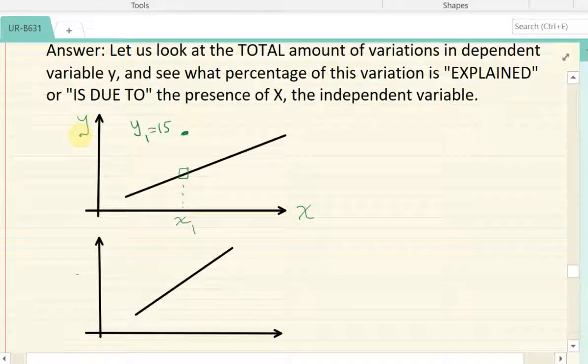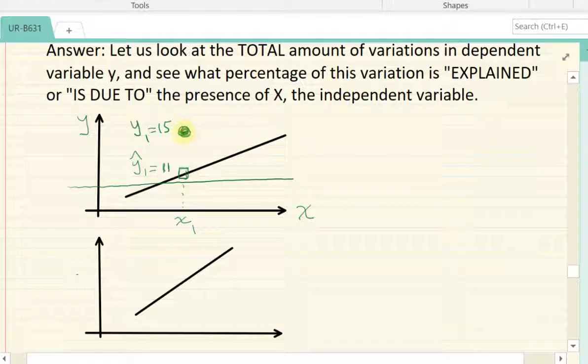Now suppose the predicted value, y hat 1, is 11. Again, all these are made up. I know it's less than 15 because 15 sits above that. Now, hypothetically, because I singled out just one data point, let's say the average for all y values is 10.